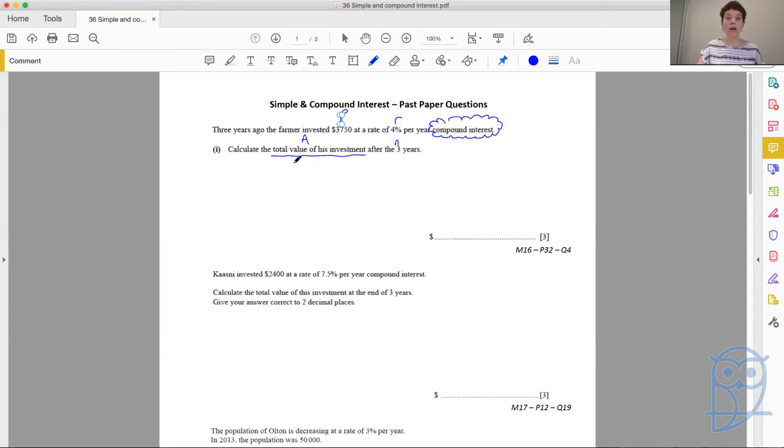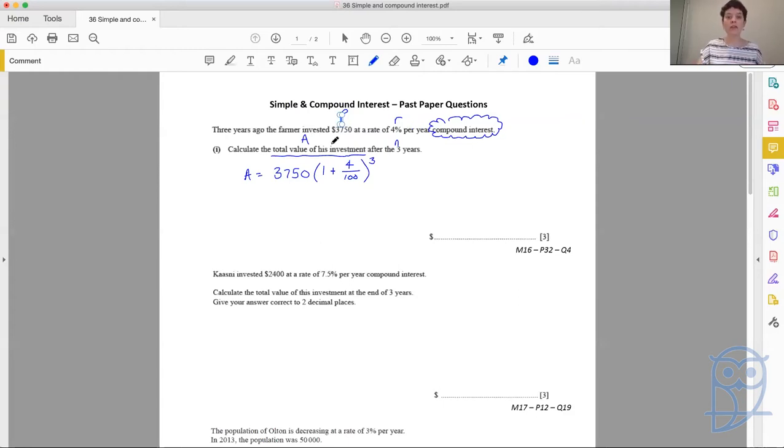So we're using our compound interest formula, which luckily enough starts with A equals P. So 3750, open brackets, 1 plus R as the percent, so just the 4 over 100, to the power 3. And what you do with this is you take your calculator and plug the whole thing in once, because you don't want to end up with rounding errors on the way.